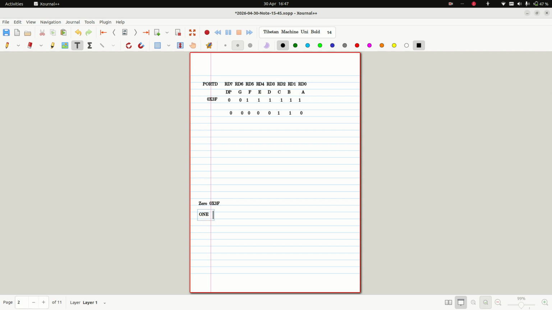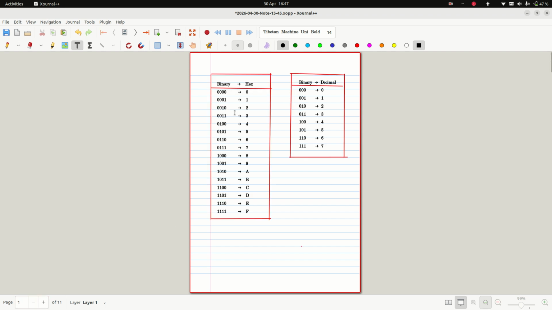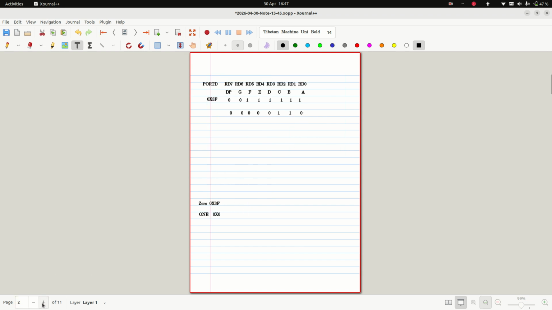For 1, 0x, 0, 0, 1, 1, 0 means 0, 1, 1, 0 means 6. That is 0x06. Similarly, we need to write for 2, 3, 4, up to 9. Same thing you need to follow here.